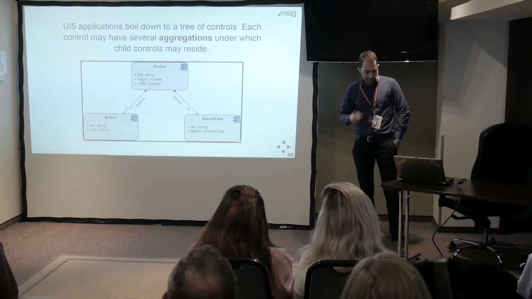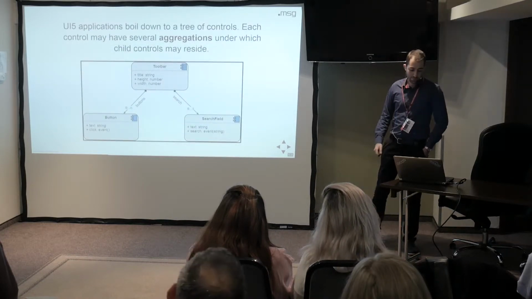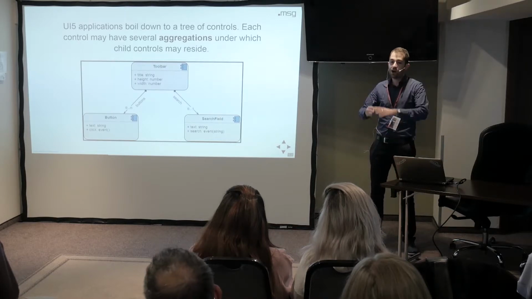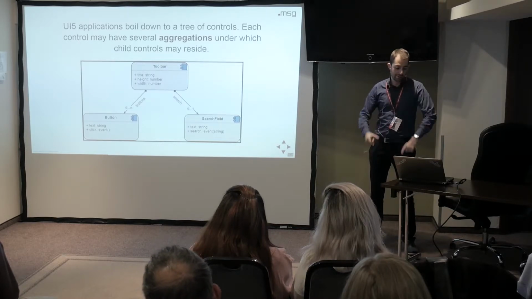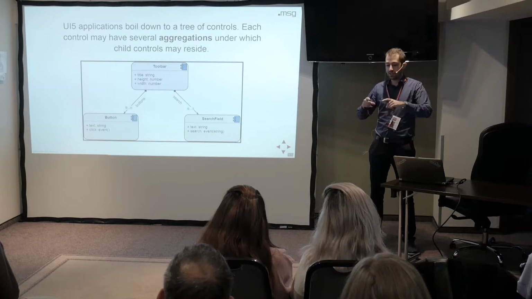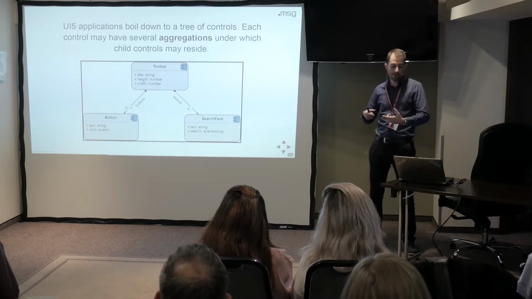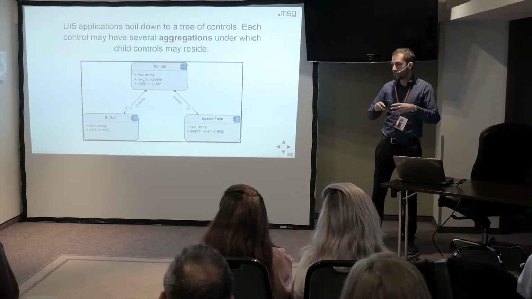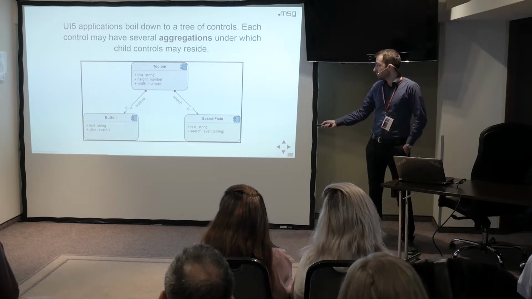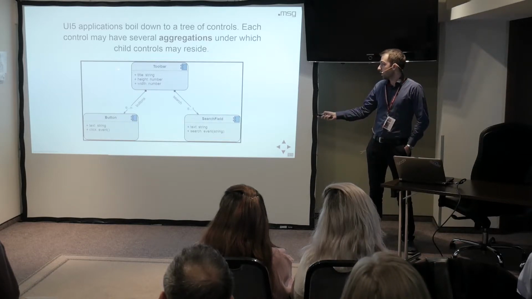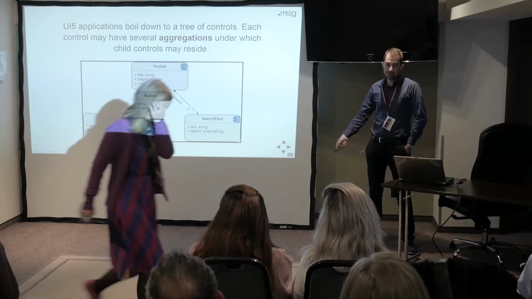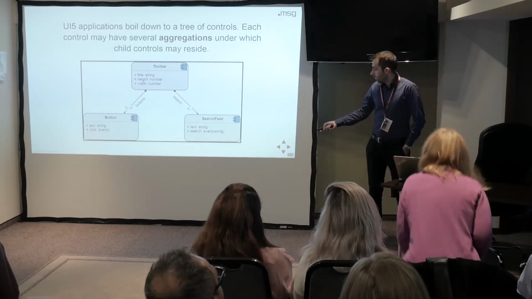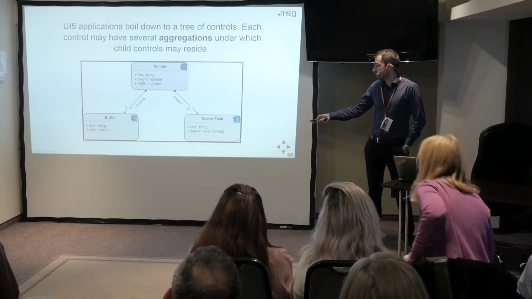Okay, but the idea in UI5 is pretty easy. The idea is that you have a hierarchy, so you can define a page, for example. Inside the page, you can have a toolbar. Inside the toolbar, you can have buttons. So there is a hierarchy of controls, something like this. Each control can have some properties, which can be strings, numbers, whatever, and can have several children.